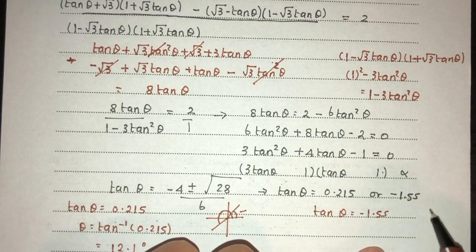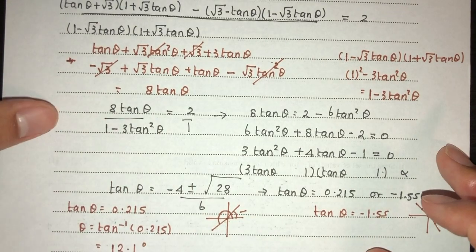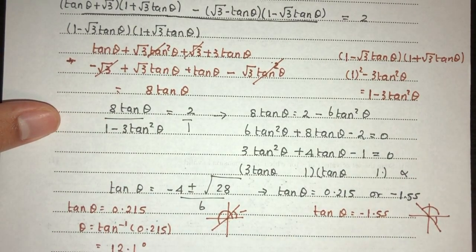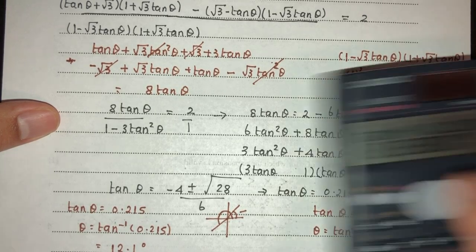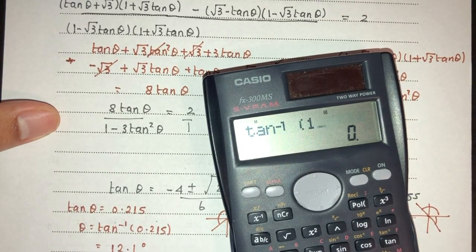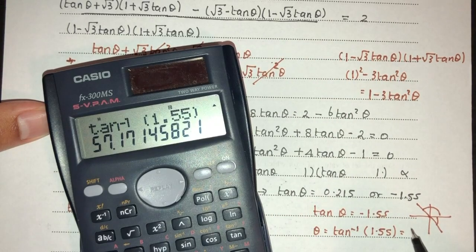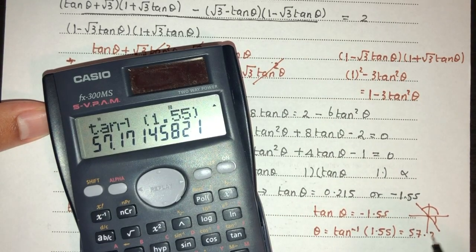Now when tan is negative, it is in your second quadrant and in your fourth quadrant. But here we will only take the second quadrant because, again, theta is between 0 to 180. So theta will be tan inverse. Let's first find the positive value of 1.55 to see what is that value. That will be 57.2.